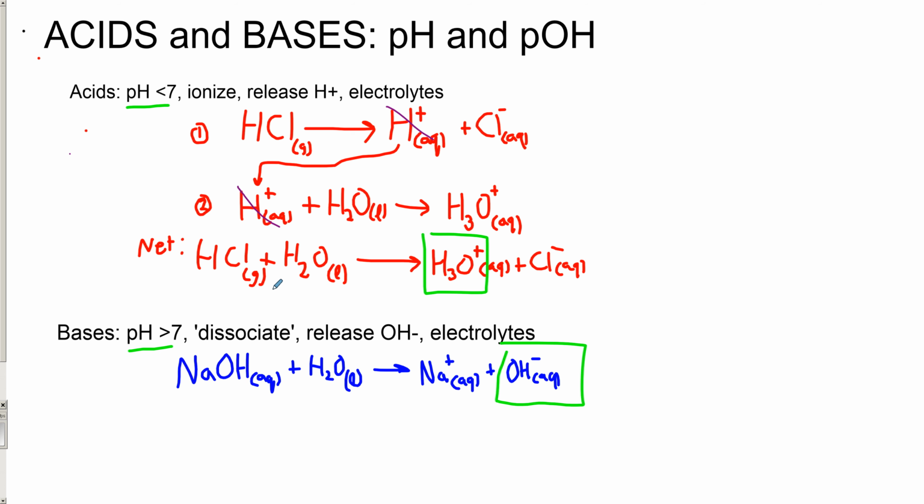Now, if we actually got a moles per liter amount of OH or a moles per liter amount of H3O, that is the reality. That's how much H3O is in the solution or how much OH is in the solution. How do we get numbers like pH? Why is pH for an acid below 7? Why is the pH of a base above 7? Let's talk about that now.